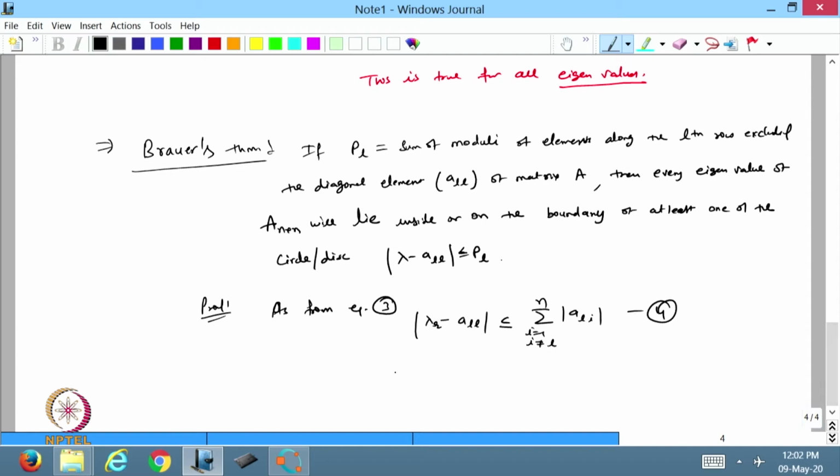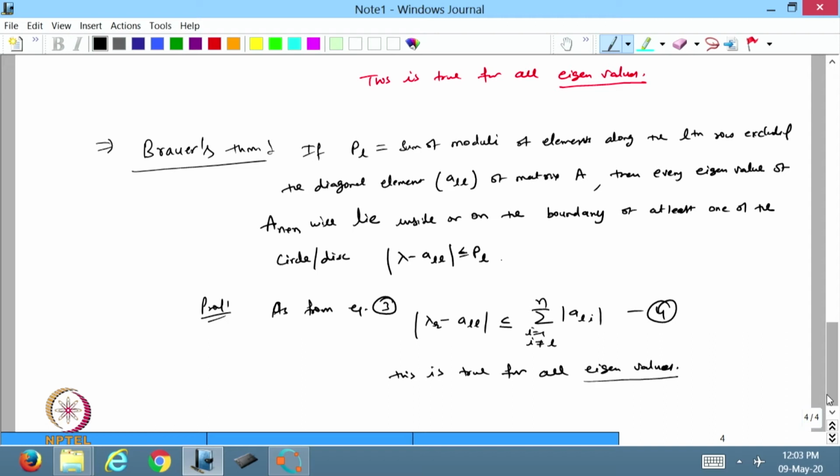Now, this is true for all eigenvalues, because I have taken one eigenvalue, the rth eigenvalue, and that rth eigenvalue satisfies this relation. So, I will choose another eigenvalue, I will get another relation, I choose another eigenvalue, then I get another relation. So, this is true for all eigenvalues.